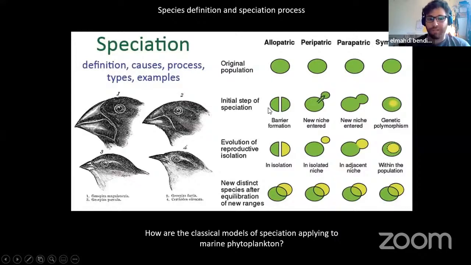The most common model for speciation is the implementation of a barrier that will later on isolate two populations, and through time you will have those accumulation of mutations. Those two populations will also evolve towards reproductive isolation, so they will be no longer able to reproduce.